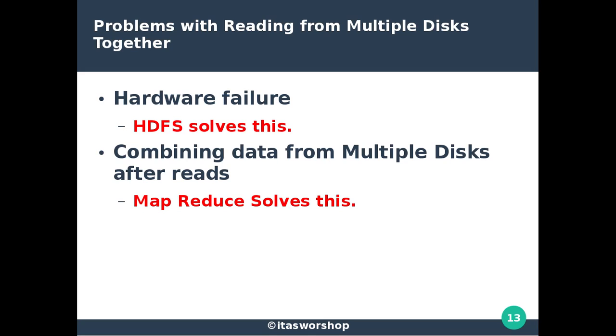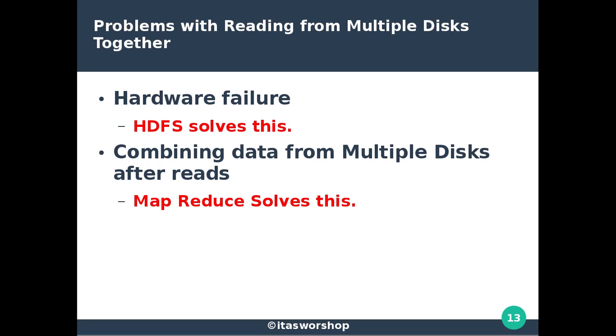So reading from disk and then combining the intermediate result is the requirement, and this requirement is solved by MapReduce. MapReduce programs deal with combining all results from multiple disks very nicely.